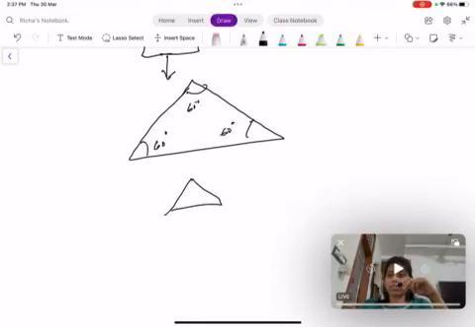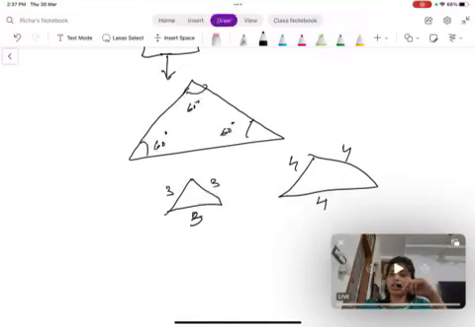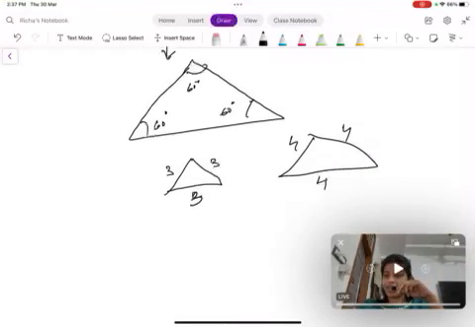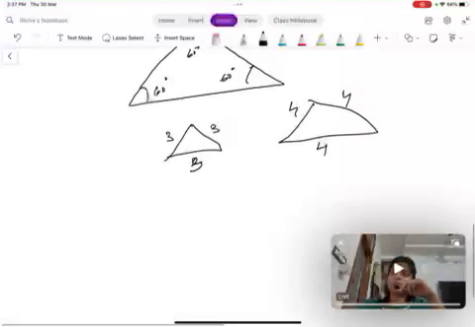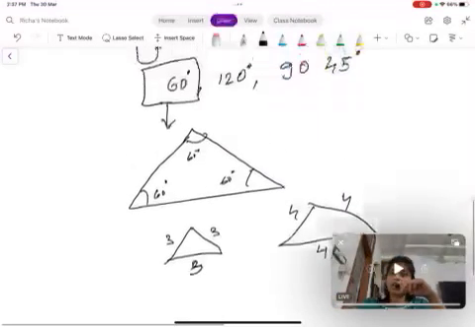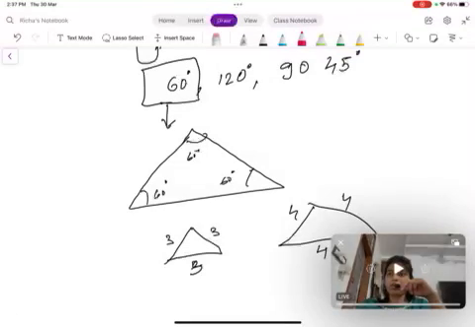If one side is 3 centimeters, then the other is also 3, and the other is also 3. If one is 4, then the others are also 4. The only constraint is that all the sides should be equal. So to construct a 60 degree angle, we will construct an equilateral triangle.